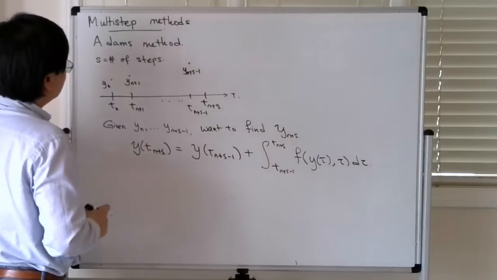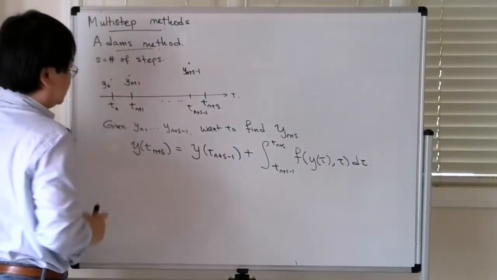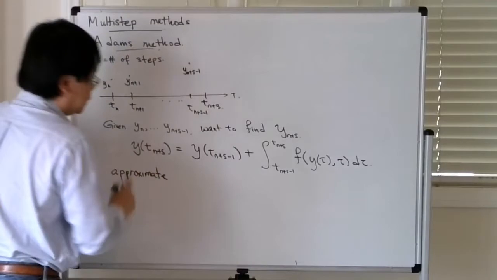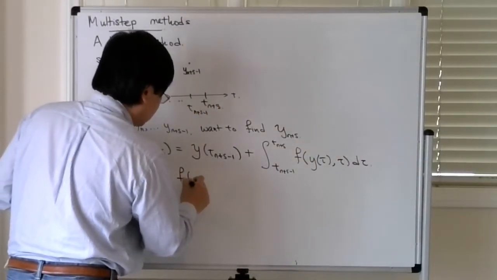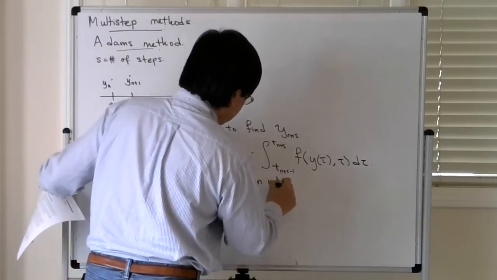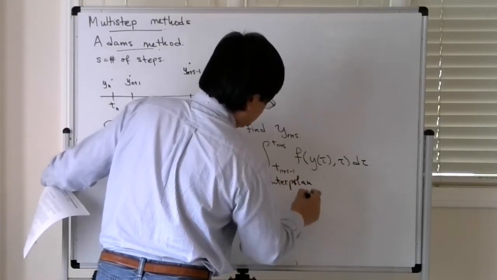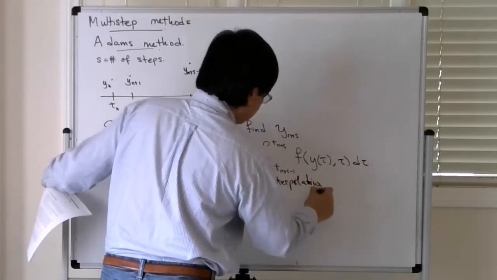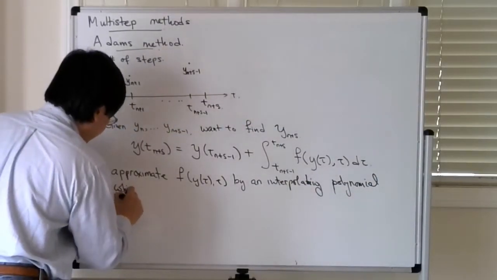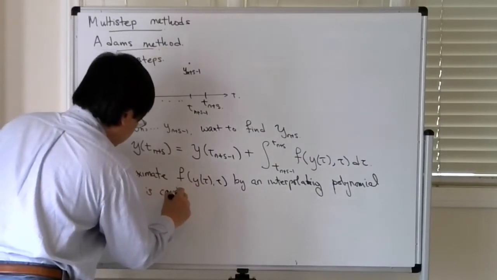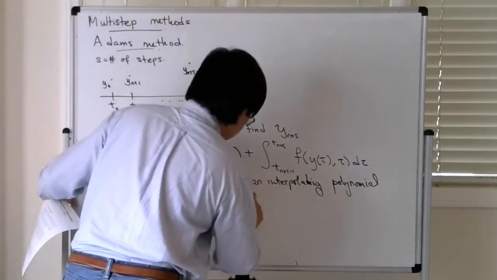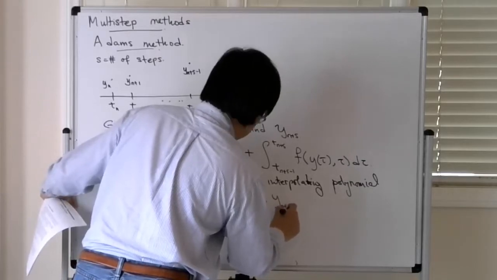So the idea behind constructing the Adams method is that you approximate this integrand f of y tau, tau, by an interpolating polynomial which is constructed using the values of y's which you have, yn all the way up to yn plus s minus 1.